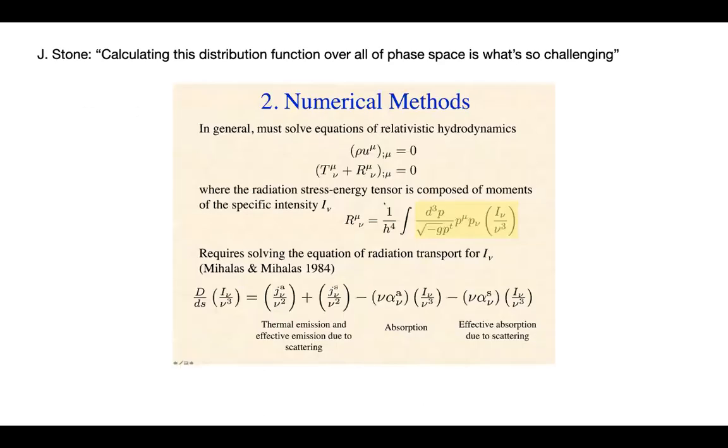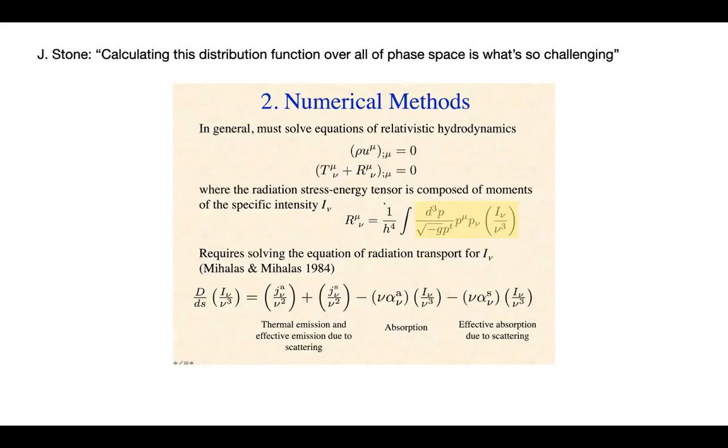So Jim Stone started with the real basics of what is radiation transport and how do we go from essentially the full radiation transport equation in all its four-dimensional time-dependent glory, four-dimensional space and time, and then also frequency and angle dependence, right?